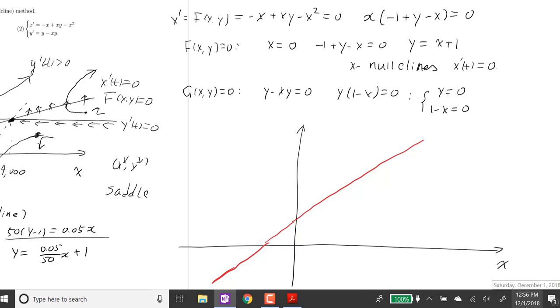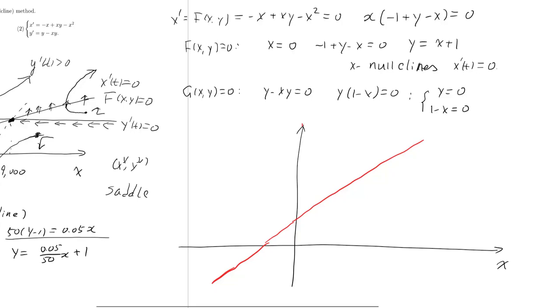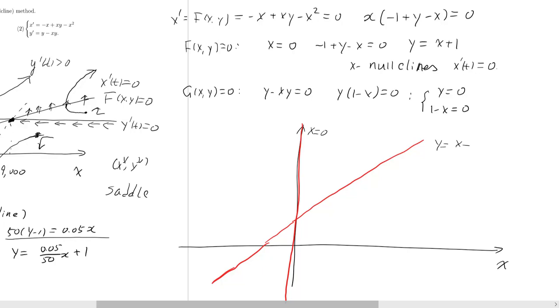And the other one is x is equal to 0. So we have two: x is equal to 0, and y is equal to x plus 1.